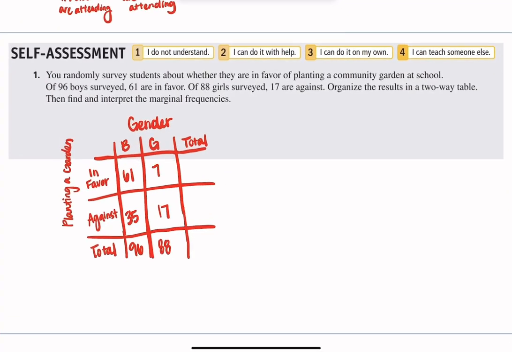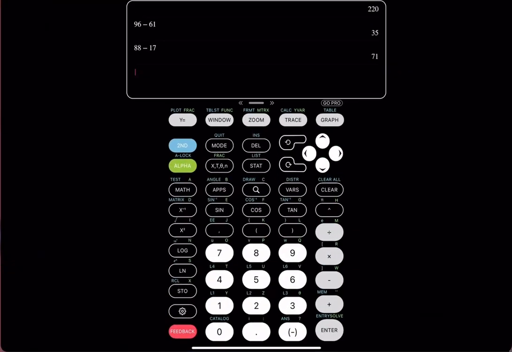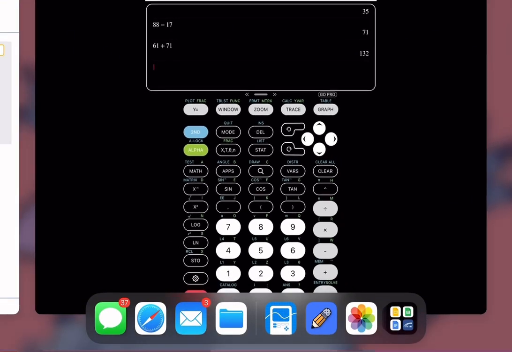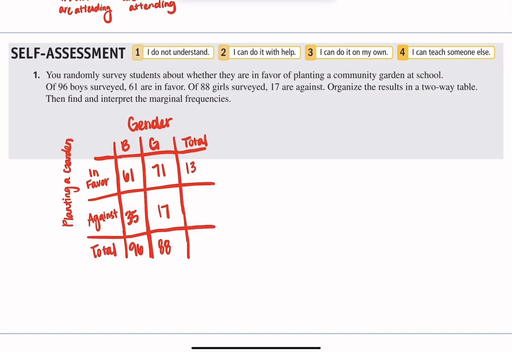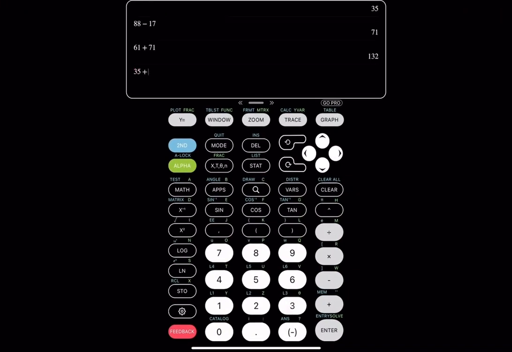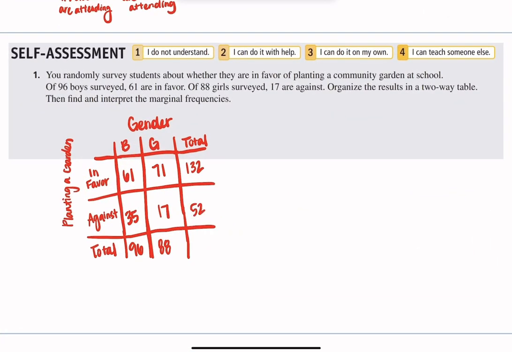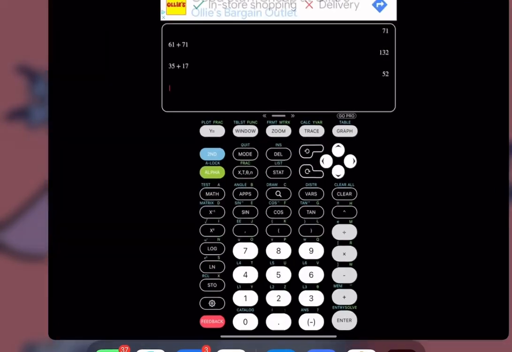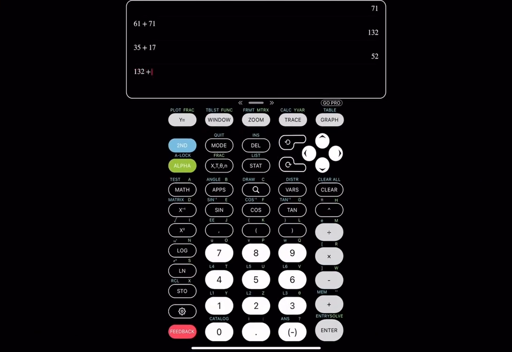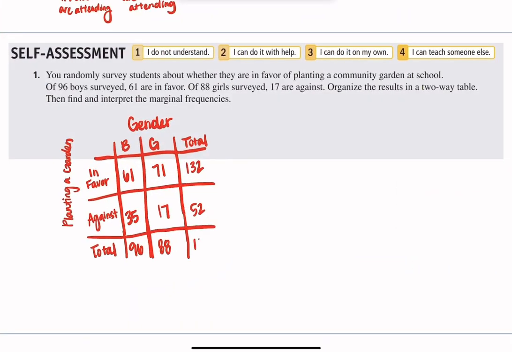So 71 girls are in favor. And then find my totals for in favor and against. So in favor, 61 plus 71 is 132. 35 plus 17 is 52. And then I'll add 132 plus 52. So that is 184.